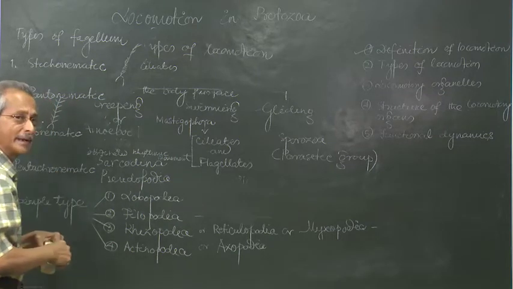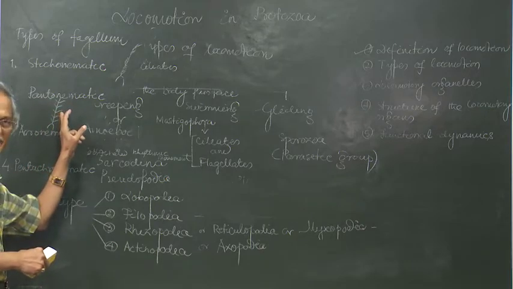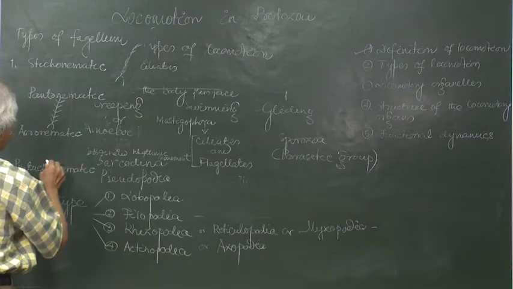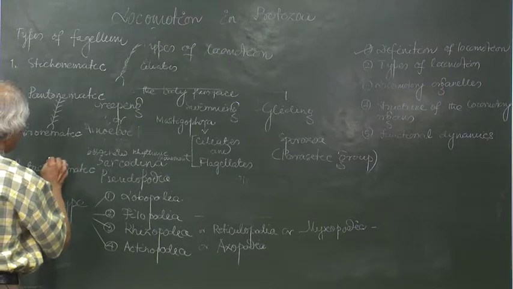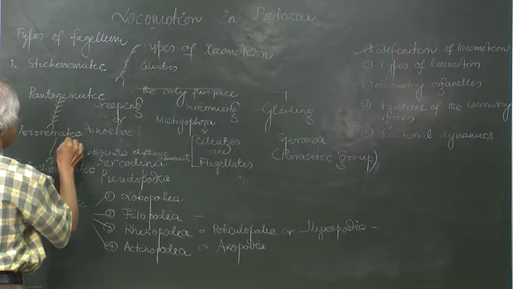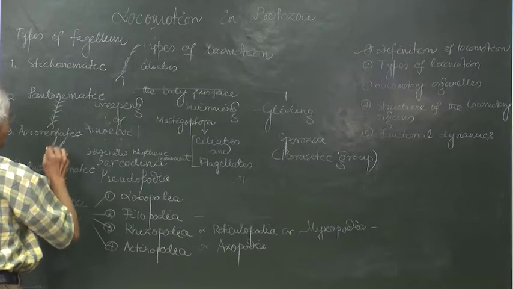Pantonematic means on both the sides you find this fibrillar structure, and in acronematic what you will find? You will find it like this.